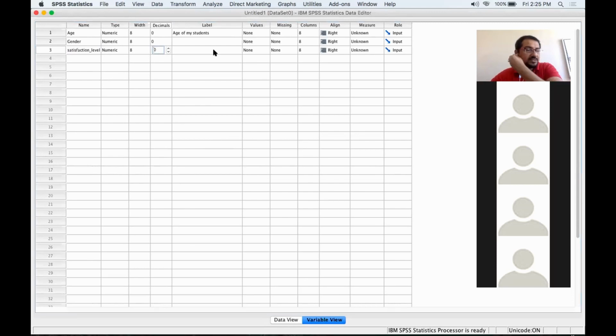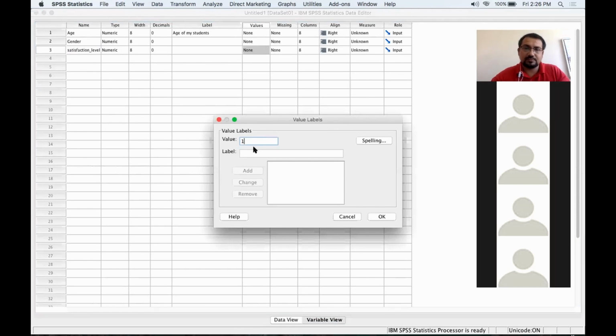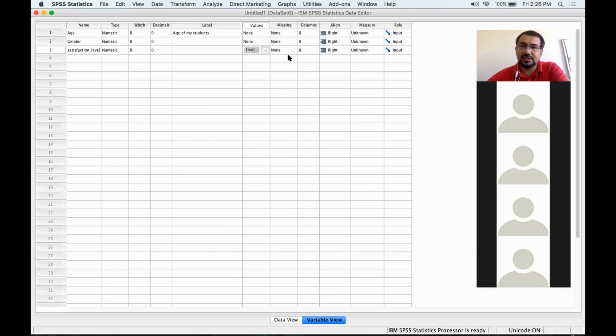Decimal remains 0 and then here I'm going to, for example, 1 is highly satisfied, 2 is not at all satisfied. I'm just saving my time. And then third is no answer. Sometimes people don't want to answer, so no answer. And then you can actually put it, and this is where you put the value.